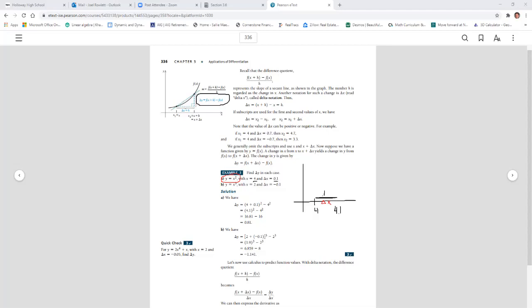If x is 4.1, if we plug that into the equation y equals x squared, we would go all the way up here where y is equal to 16.81. And if we plug 4 in, of course, 4 squared is 16. So we'll put that here.